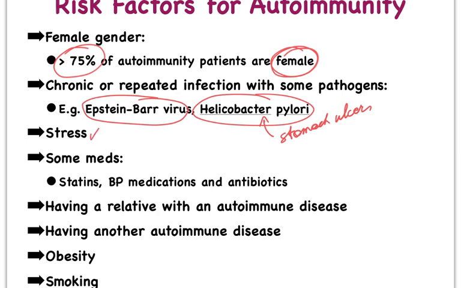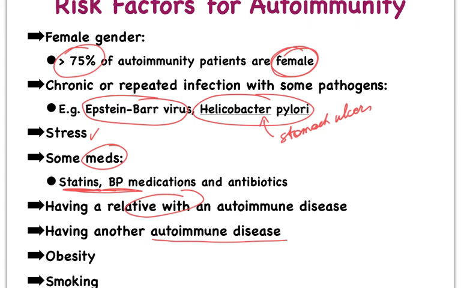Stress can also trigger autoimmune diseases. Some medications, some that regulate blood pressure, for instance. It can run in the family. Or also, if a person already has an autoimmune disease. For instance, I have a friend who has had diabetes mellitus since he was a little boy, and he just recently also developed multiple sclerosis.